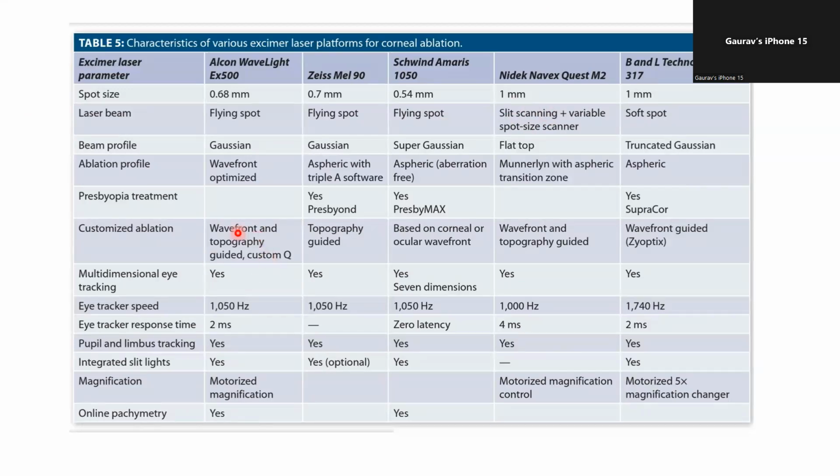We can do customization of the treatment in all of them. They have multi-dimensional eye tracking, which has a very high speed and a very quick response time. Pupil and limbus tracking is available in all of them. One advantage with Alcon Wavelight EX500 and Schwind Amaris is that there is online real-time pachymetry available on these platforms, which other platforms don't.